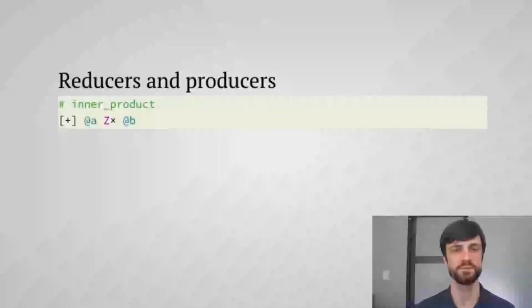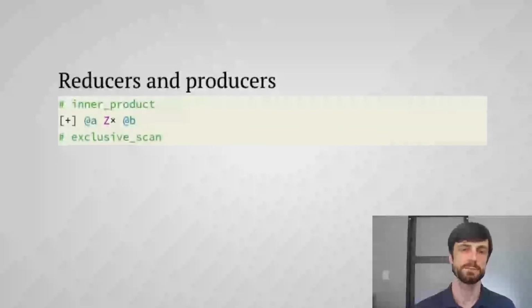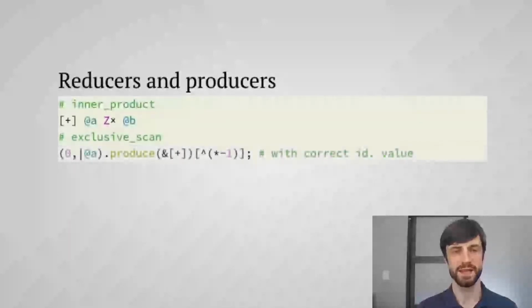Transparency helps us out. The next operation from the algorithms header is exclusive scan, which is pretty much trivially implementable as a produce operation here, given the plus function, which is the default for exclusive scan, but we can pass it anything we want.